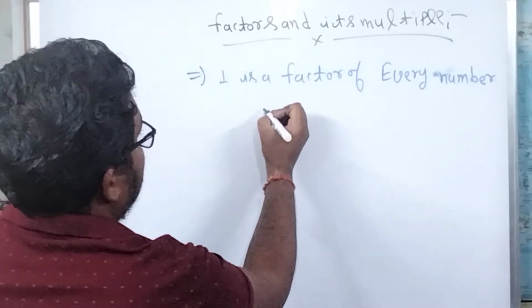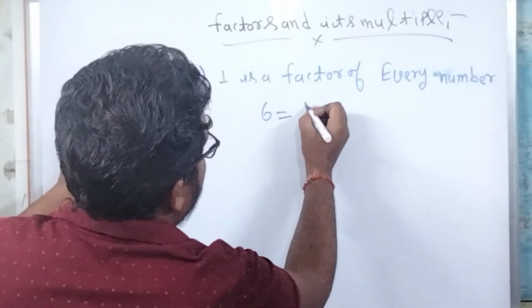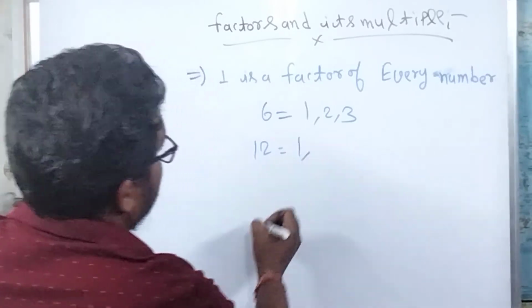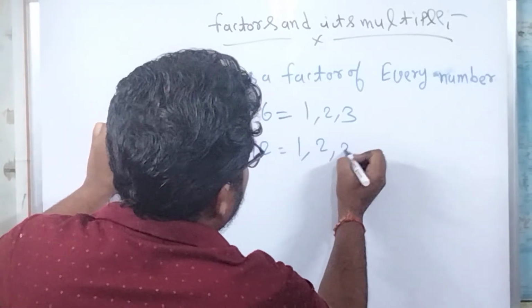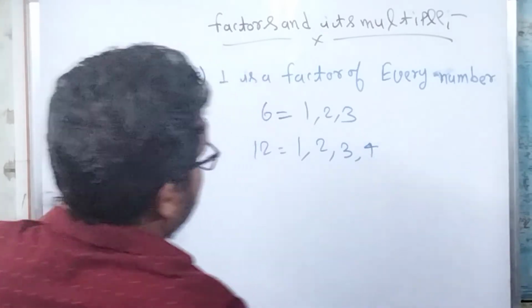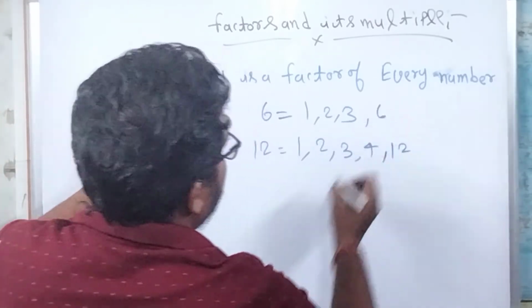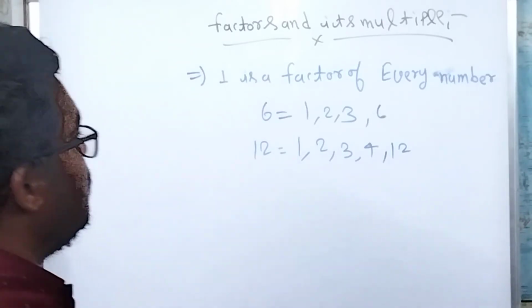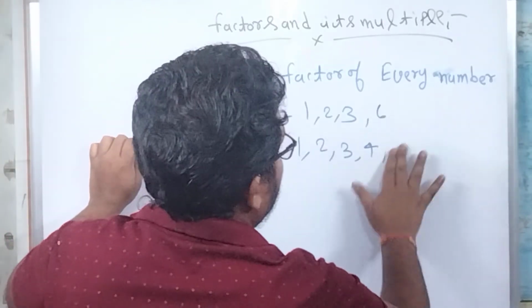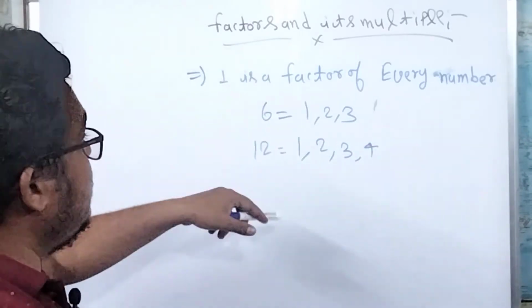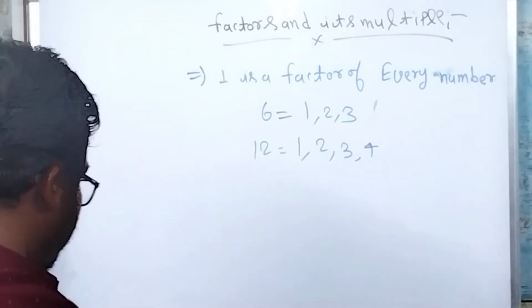Here we take some numbers, 6 and 12. The factors of 6 are 1, 2, 3, 6, and the factors of 12 are 1, 2, 3, 4, 6, 12. Here we see that 1 is in both the numbers 6 and 12.